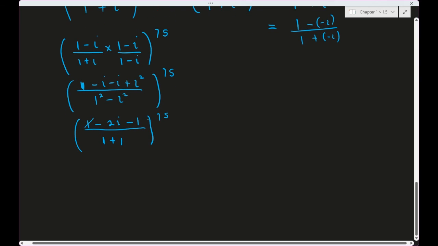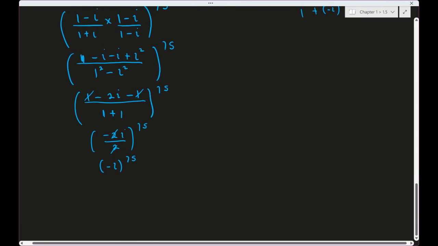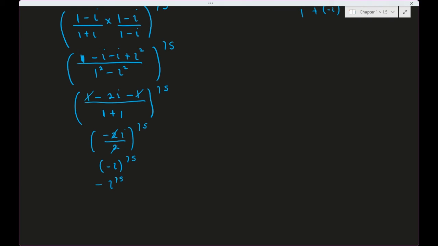So this will go with this, and you have minus 2i over 2, now to power 75. So 2 will cancel 2, so you have minus i to power 75. Now, since the power is odd, the minus can come outside, so you just have minus i to 75.